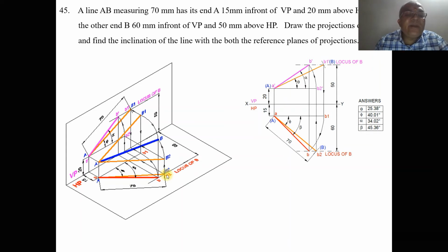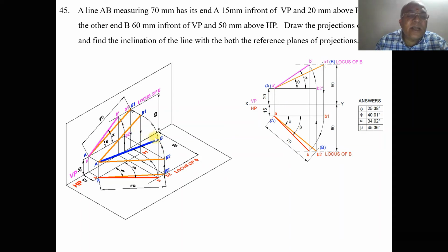So now we need to find out the front view. We have a dash b2 dash which is above HP by 20 mm. That is the reason why it is parallel to HP. But actually B is not above HP by 20 mm. Instead it is above HP by 50 mm. So with a dash as center, taking the radius of a dash b2 dash, rotate it such that it will cut the locus of B. In other words, with A as center, taking the radius of AB2 which is in space, when you are rotating, B2 will touch the locus of B in the front view.